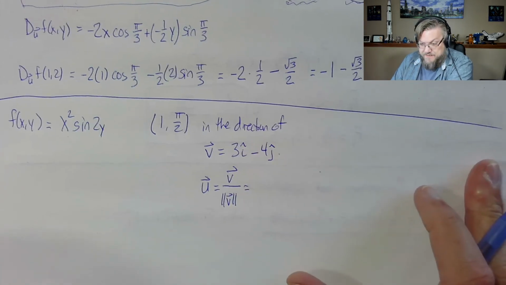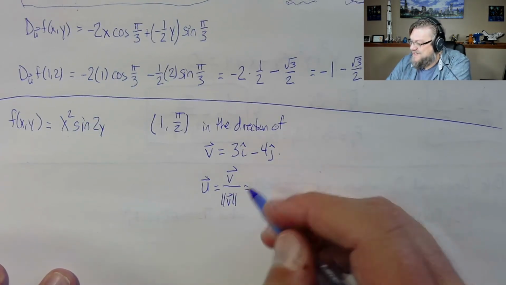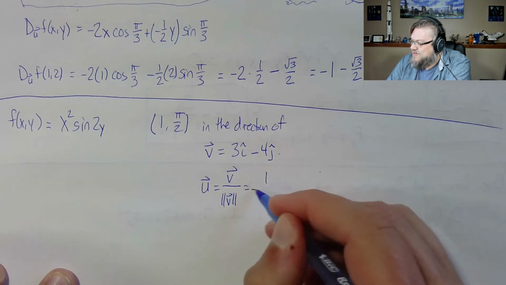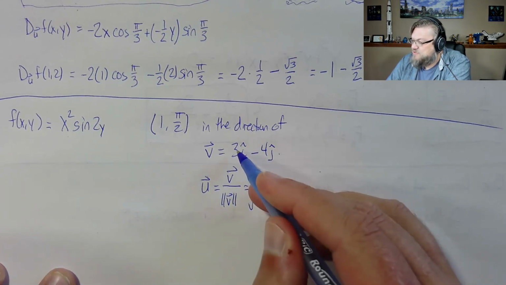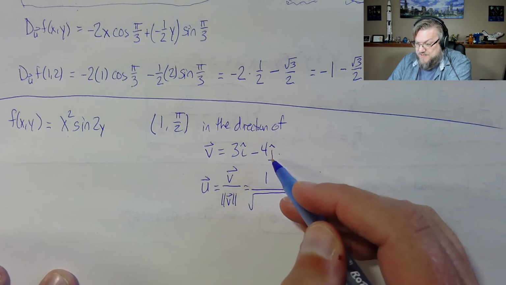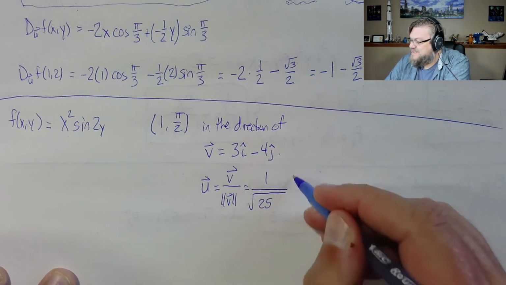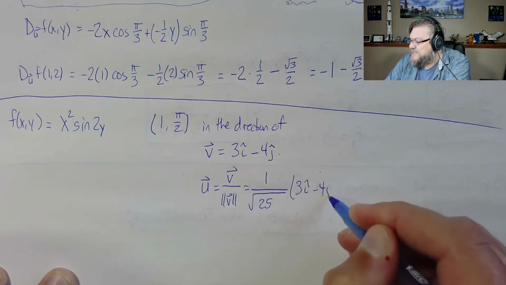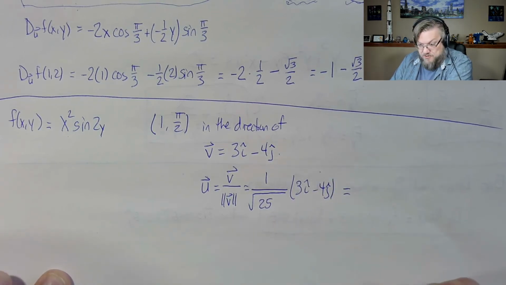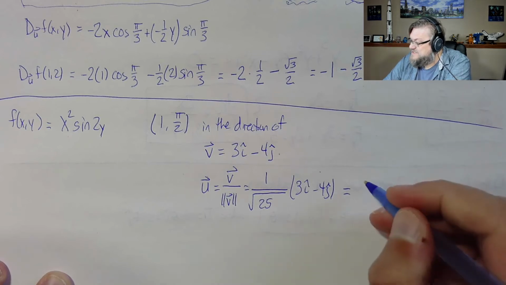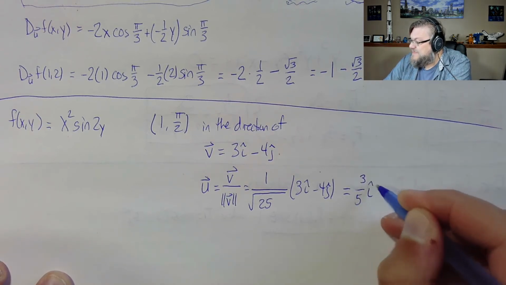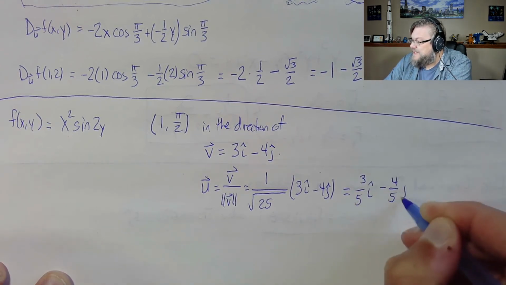So I'm going to take v and divide by its magnitude. Now, its magnitude is what? This is going to be 1 over the square root of 3 squared plus 4 squared, so that's 16 plus 9 is 25, times 3i minus 4j. Of course, the square root of 25 is 5. And so I end up getting 3/5 i minus 4/5 j.